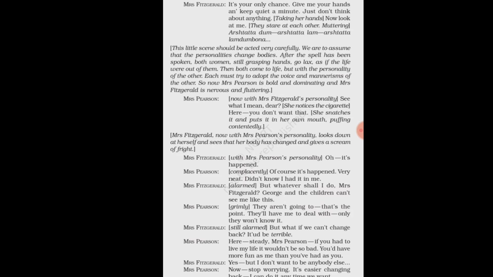So Mrs. Fitzgerald, still alarmed, asks, what if we can't change back? It will be terrible. So Mrs. Person replies that if she had to live her life, it wouldn't be so bad, and she'll have more fun than she had before. So Mrs. Fitzgerald, with Mrs. Person's personality, says she doesn't want to be anyone else.